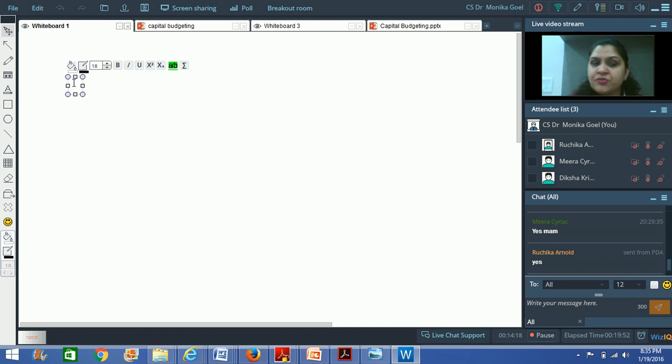Just try to understand, if I have to make a payment to you of, say, rupees 1,000, and I say that I would make you this payment after 1 year, will this 1,000 rupees which I would be getting after 1 year be equal to 1,000 rupees today? The answer is no. You would say that if you give me this money today, I will keep it in my bank account, or create an FDR out of it, and earn some return on it.